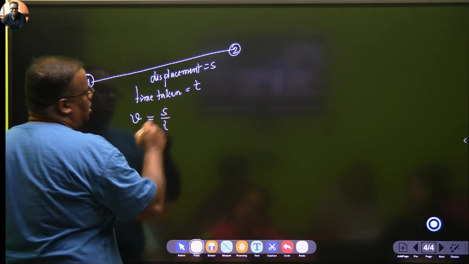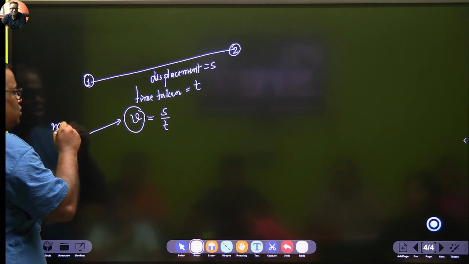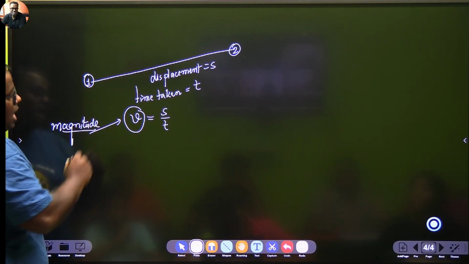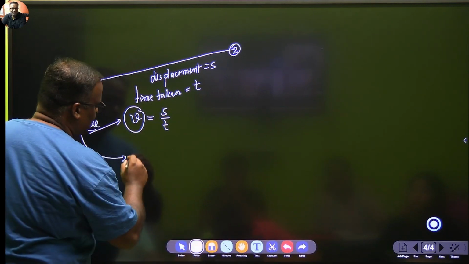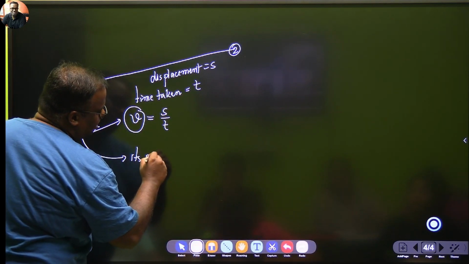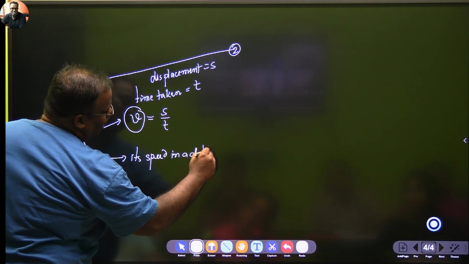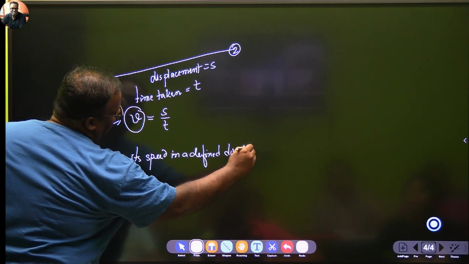S upon t. What is this? This is nothing but only the magnitude of velocity. Magnitude. Direction we will see later. And this magnitude can also be said to be speed in a defined direction.